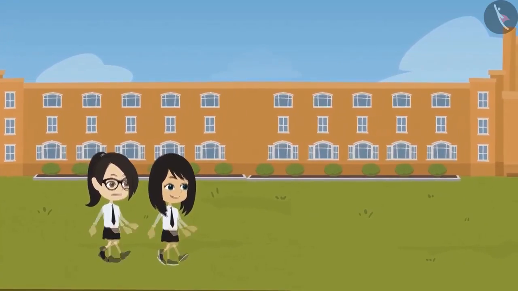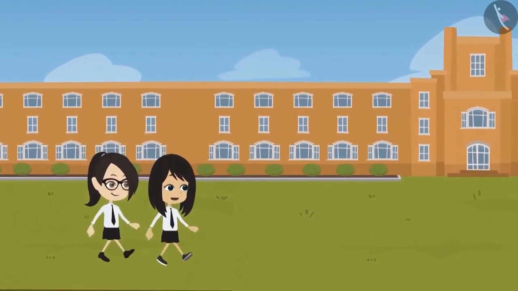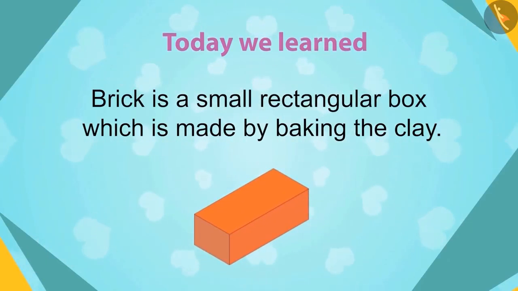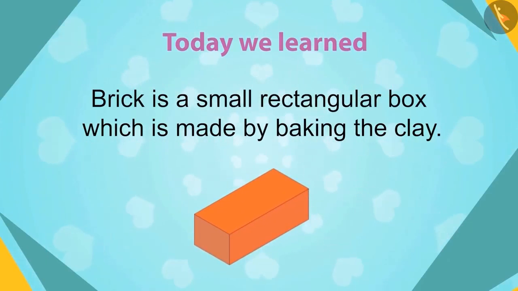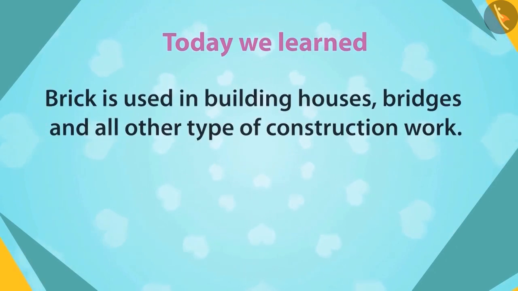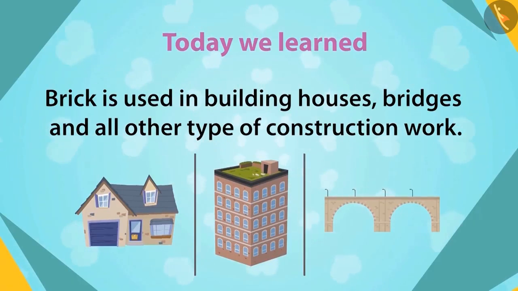Neha, did you remember what engineer sir told us? Yes, let me summarize the information we gathered on bricks today. A brick is like a small rectangular box which is made by baking the clay. A brick is used in building houses, bridges, and all other types of constructions.